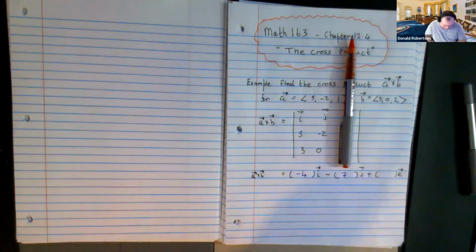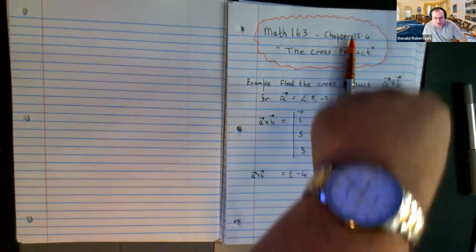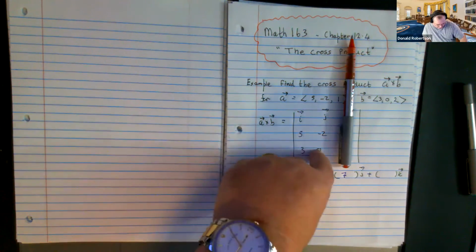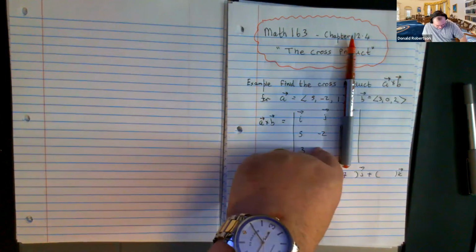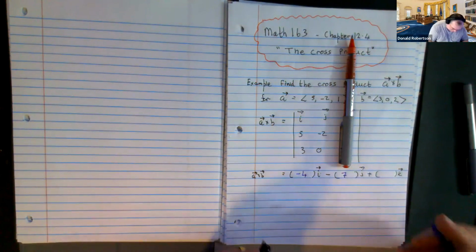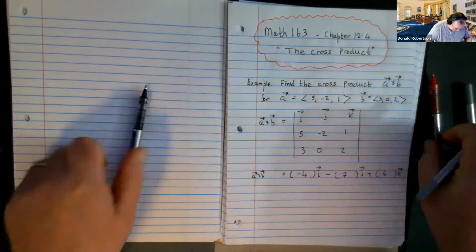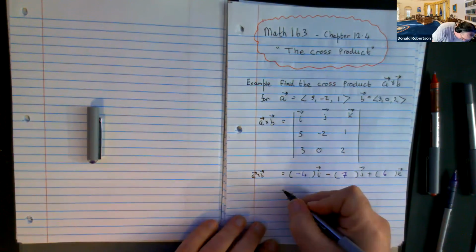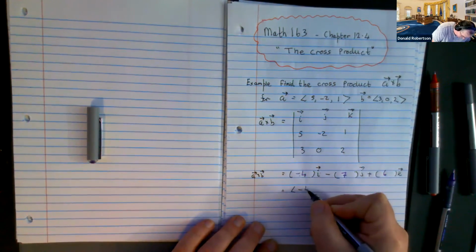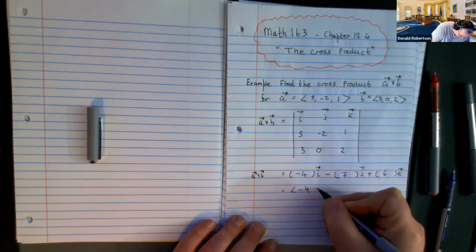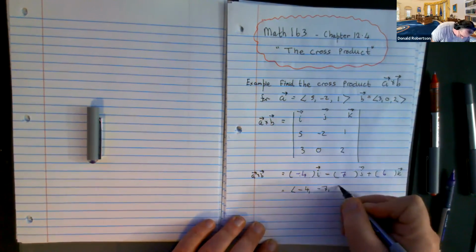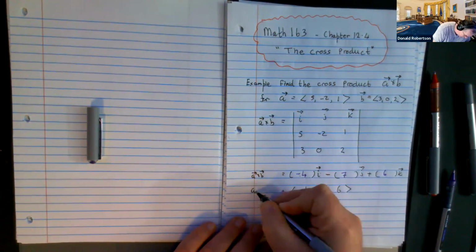If you want the k component, cover up the k column, and 0 goes this way. So major diagonal nothing, take away -6 gets you 6. And then you finish with -4. The negative of this one is -7, and this one is 6. And there is your cross product.